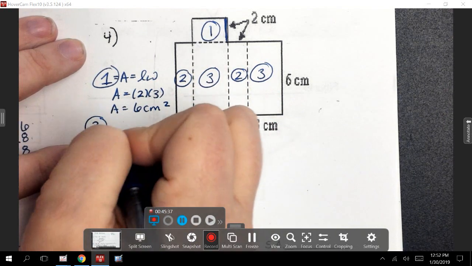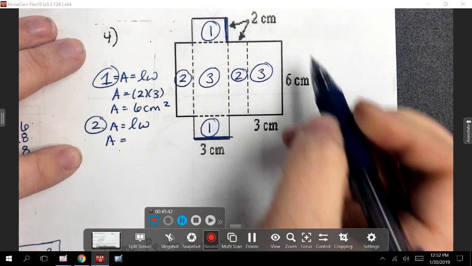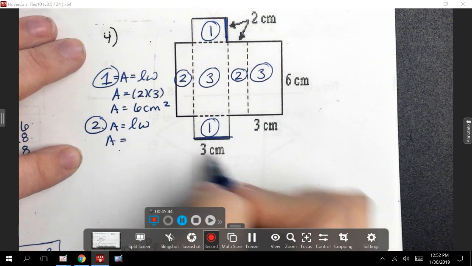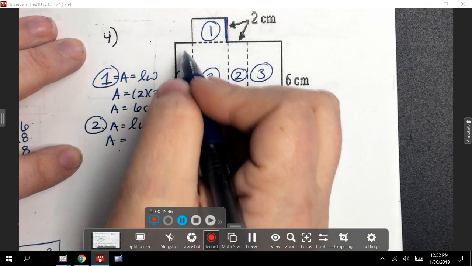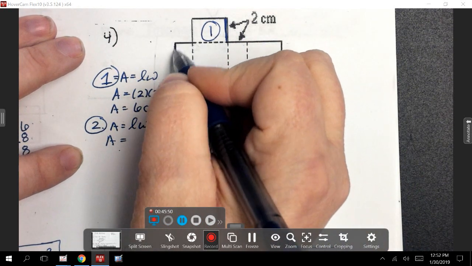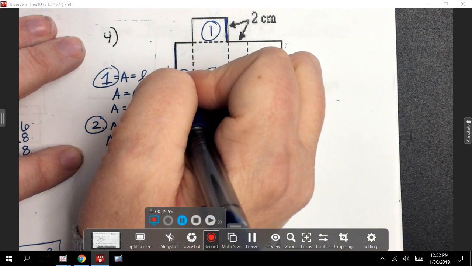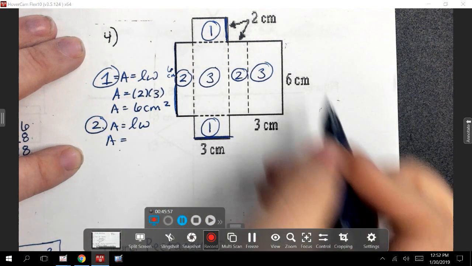For shape 2, again, it's a rectangle. Area equals length times width. This one gets a little bit trickier because I don't have either of the measurements on the shape specifically. So I know I'm going from top to bottom here, which has to match the top to bottom that's on that far side. So this has to be 6 centimeters.